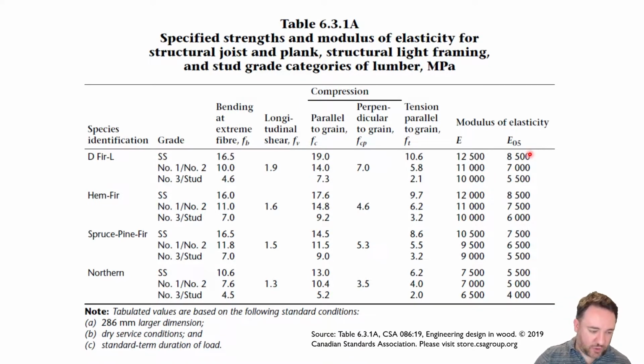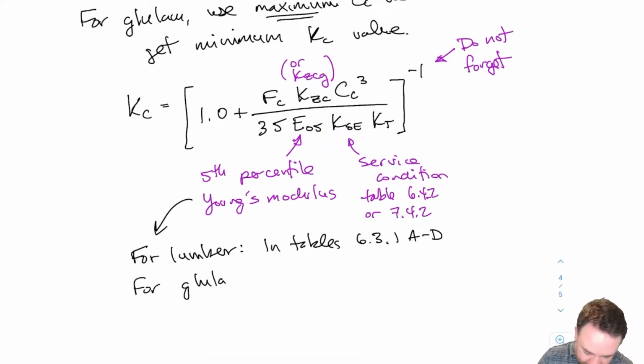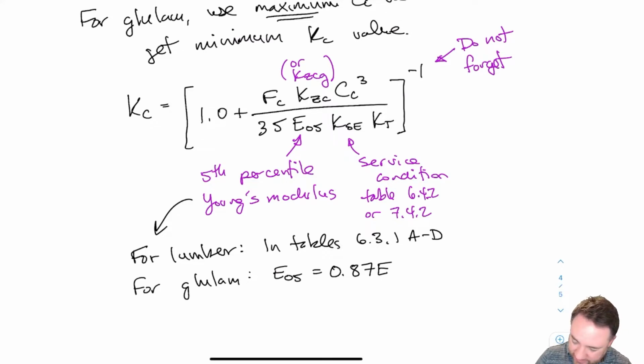Okay, for glulam, E05 is actually an equation. We use 0.87 times the E from table 7.3.